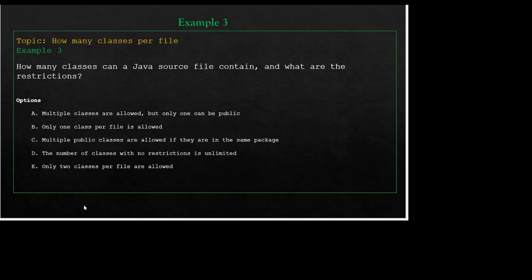Multiple classes are allowed, but only one can be public, which is correct. And then only one class per file is allowed, which is not true. You can have multiple classes, but only one has to be public in this Java source file, right? The third one is multiple public classes are allowed if they are in the same package. It's not true.